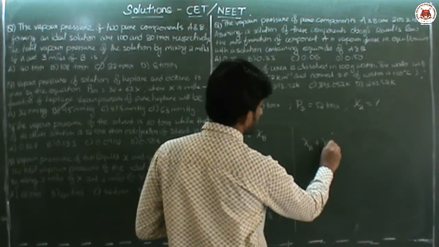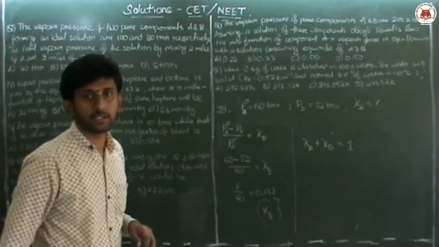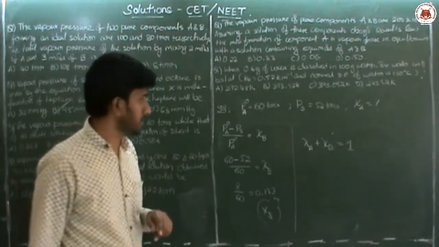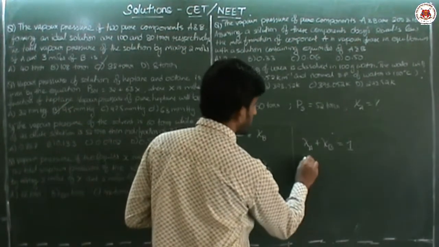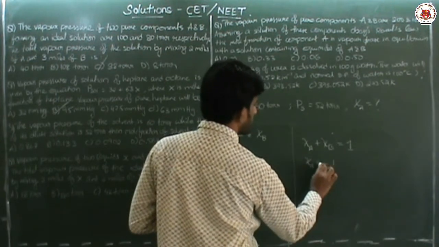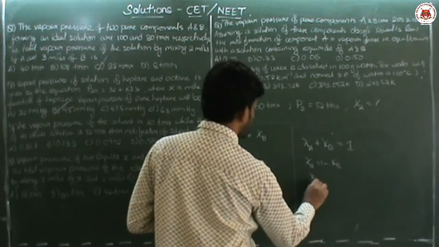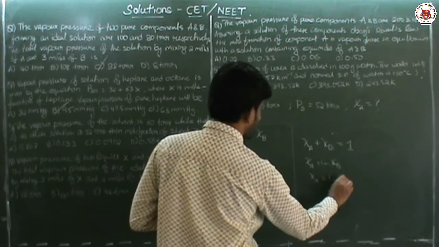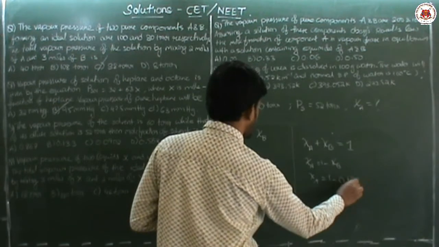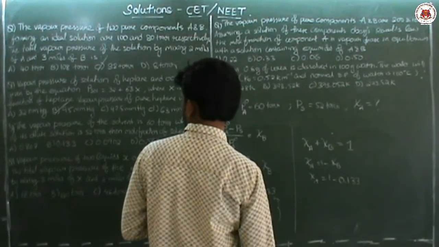The sum of the mole fractions in a solution is unity, so this is 1. So if you want XA, what do I need to do? 1 minus XB. That means XA is equal to 1 minus 0.133. So what is 1 minus 0.133?